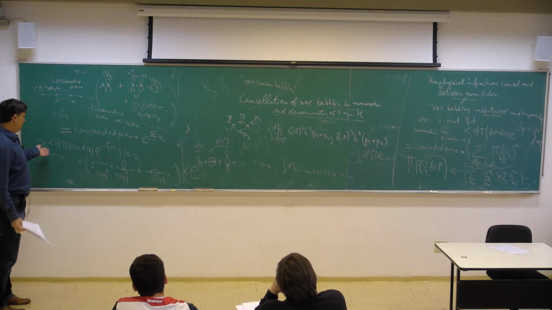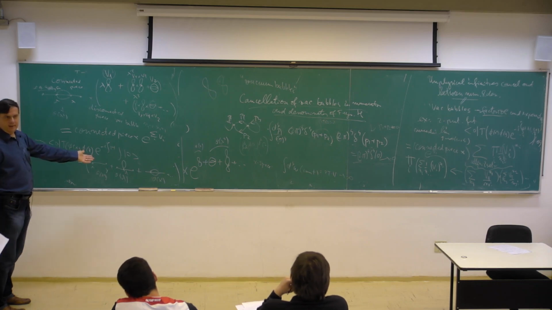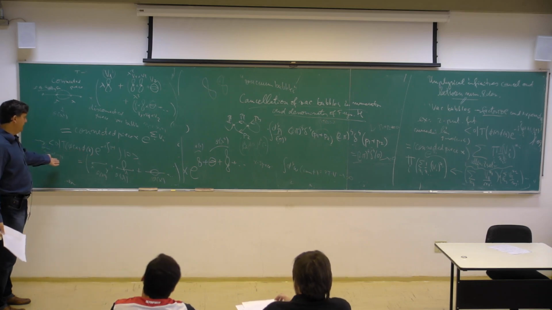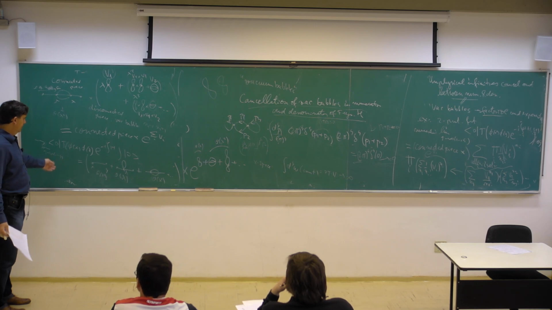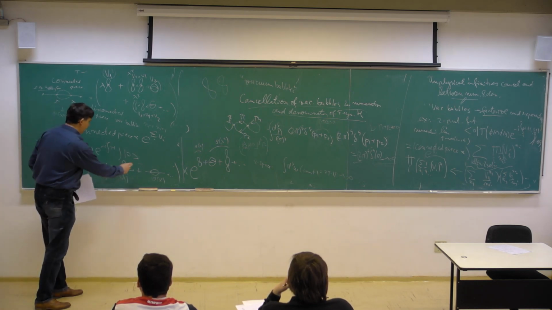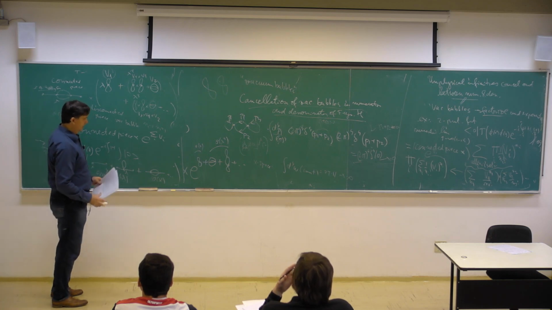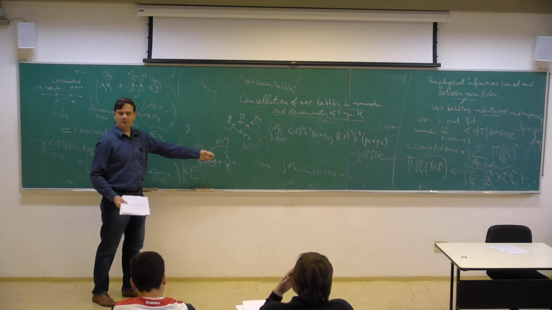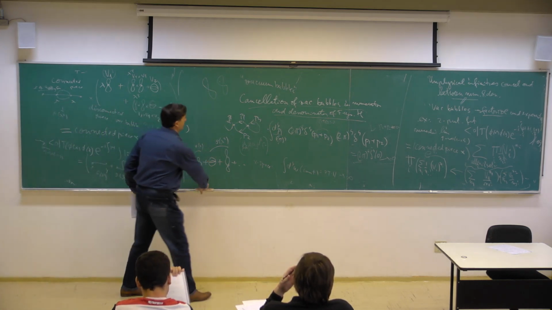But now you immediately see that the same thing happens in the denominator. In the denominator, I don't have these things, so I don't have the connected piece. Right? I just have the vacuum bubbles, which will exponentiate this way. So let's try this.